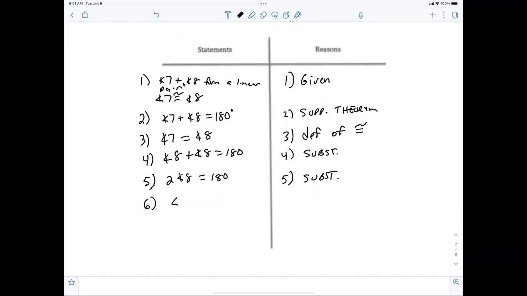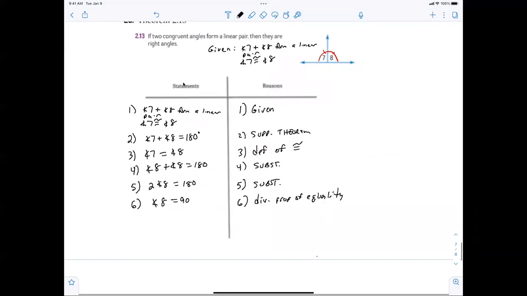Angle 8 equals 90. And division property of equality. And because it equals 90 degrees, what's true?